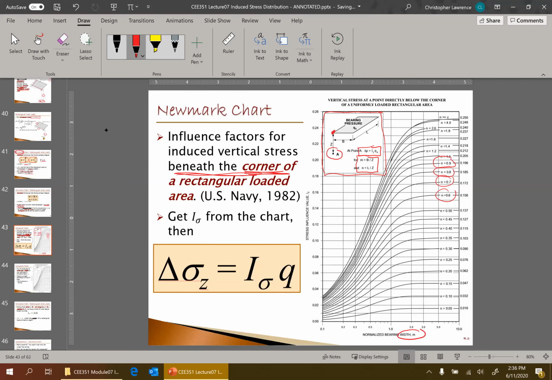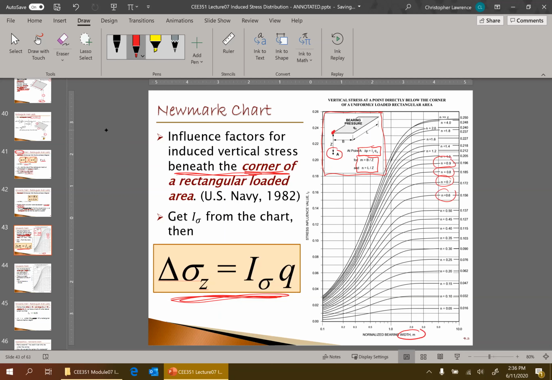So you need to know for any given rectangular area what is B, L, Z, and q. And if we know those, we can use the chart to get I, and then once we know I, we can use that to get the induced stress.